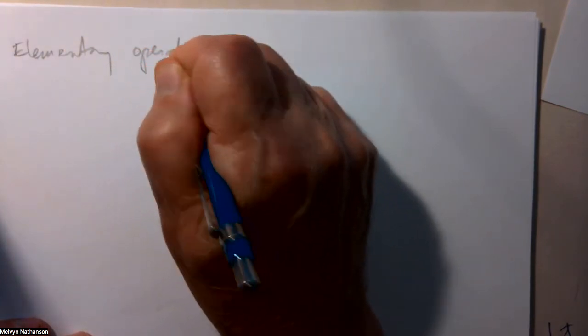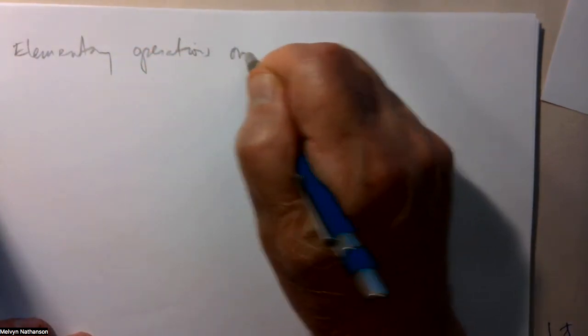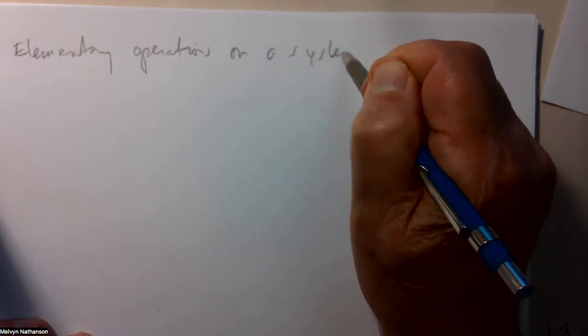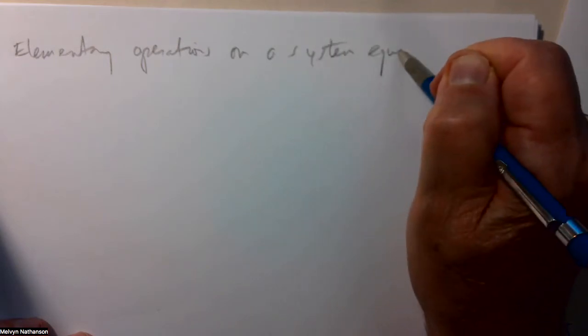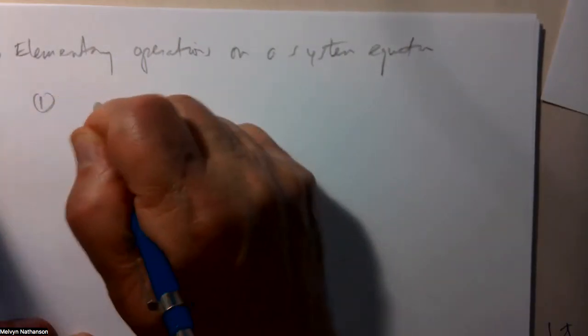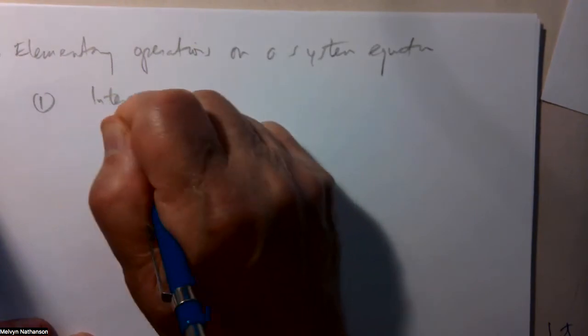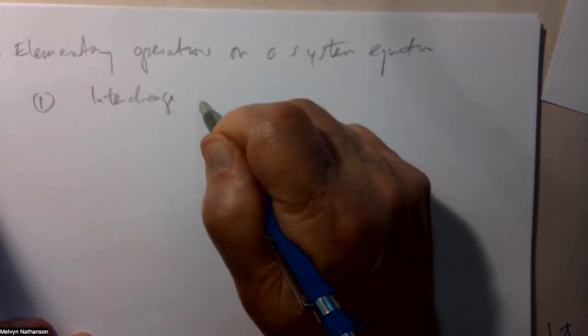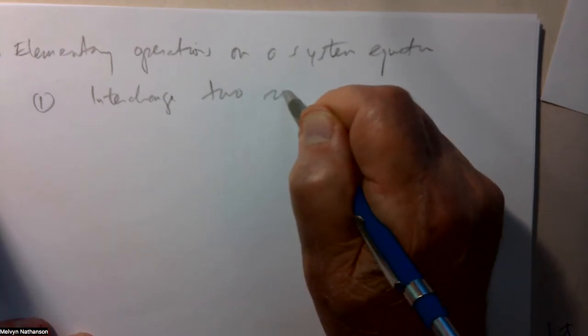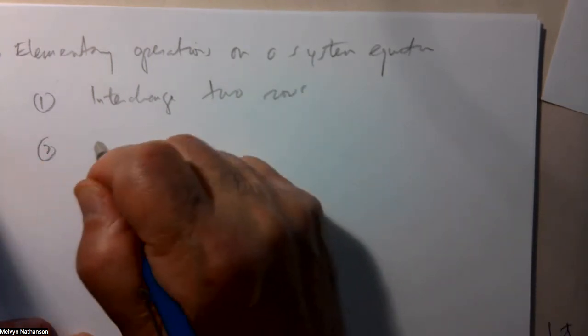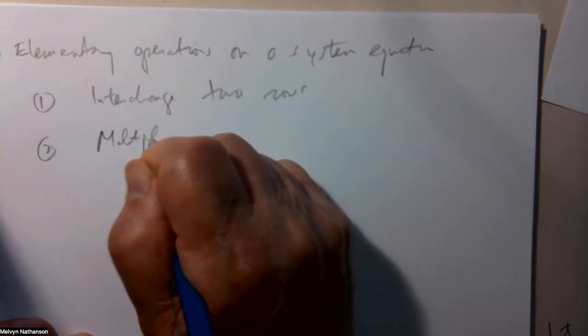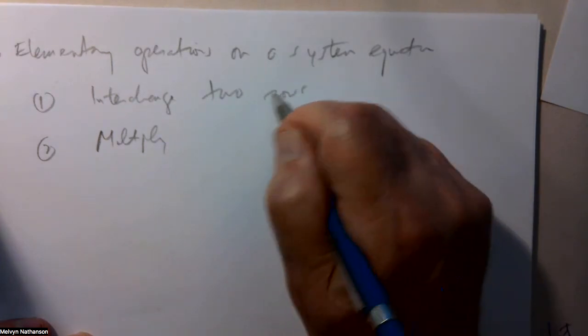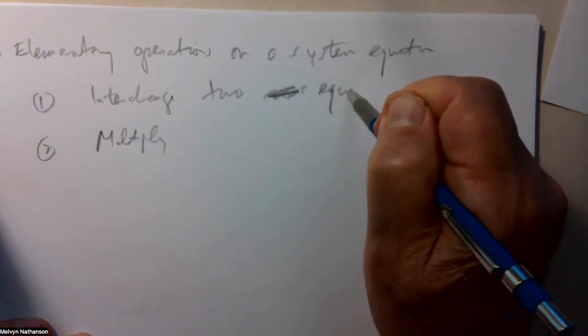So you remember we have 3 elementary operations on a system of equations. First, you can interchange 2 equations.